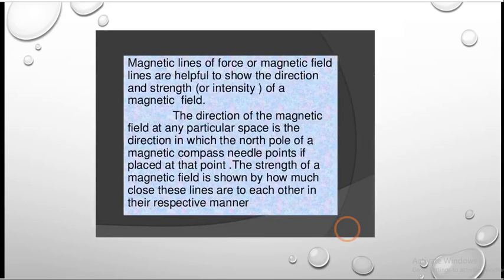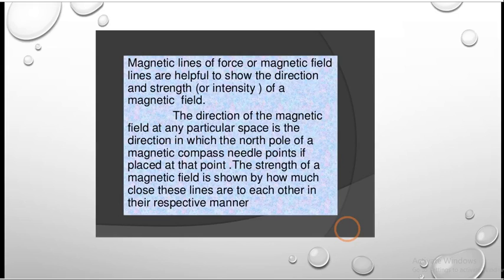We have already studied the properties of electric lines of force. In a similar manner, magnetic lines of force originate from the North Pole and end at the South Pole. The magnetic lines of force or magnetic field lines are helpful to show the direction and strength or intensity of a magnetic field.